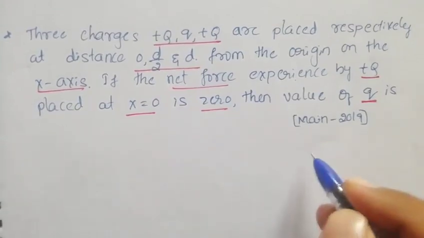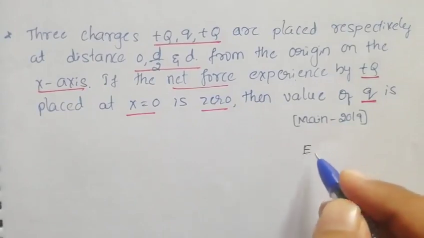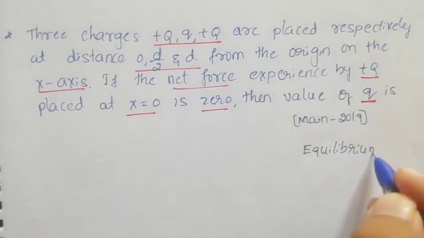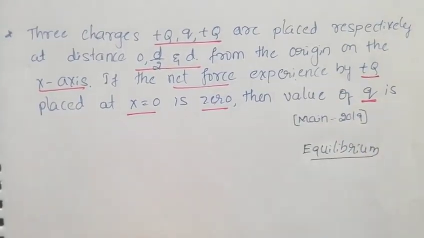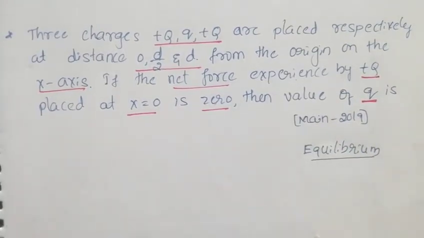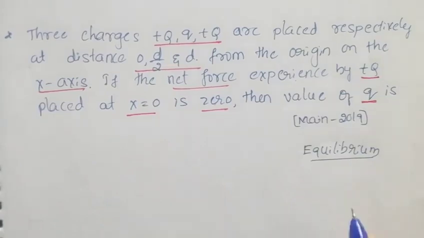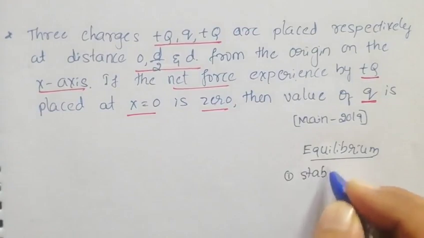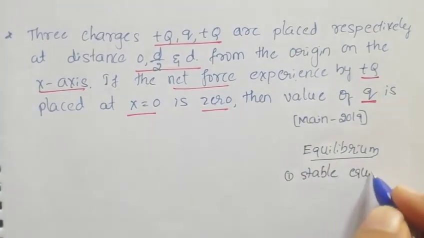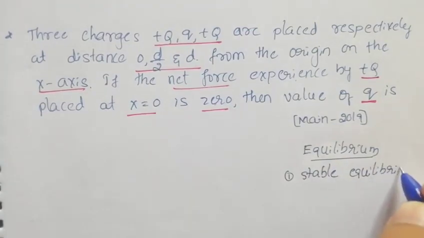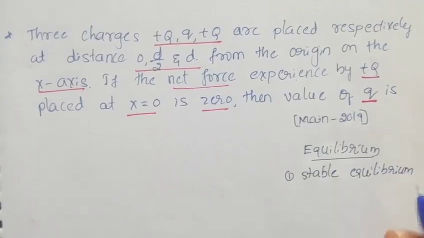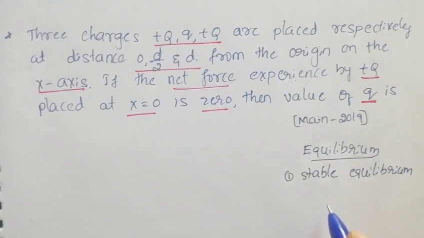Let us take a small concept, equilibrium. What is meant by equilibrium? There are three types of equilibrium we are going to deal with. The first one is stable equilibrium. What is meant by stable equilibrium? We have one particle here on the table.